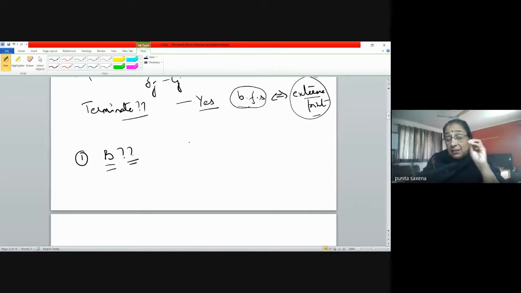But still the doubt in our minds is how to choose our B, because again, I'm repeating, we wish to reach the optimal solution as early as possible. That means we wish to reach the optimal solution in a minimum number of steps.